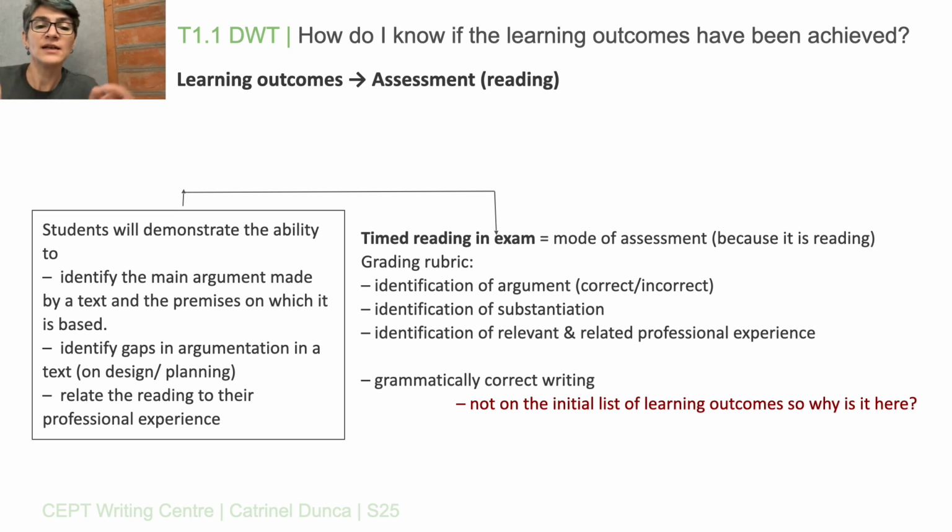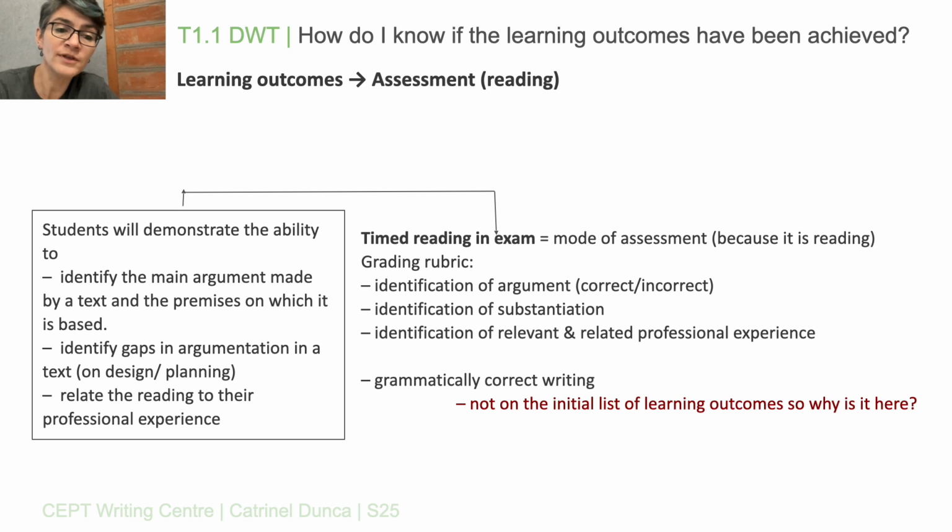But otherwise, in the same amount of time, they are given the same text, they are all reading it, and then they have to demonstrate their ability to identify the argument, to identify the substantiation, and to relate things to their professional experience. So, what I have done here is that I have decided to measure each aspect that I have placed in my list of learning outcomes.